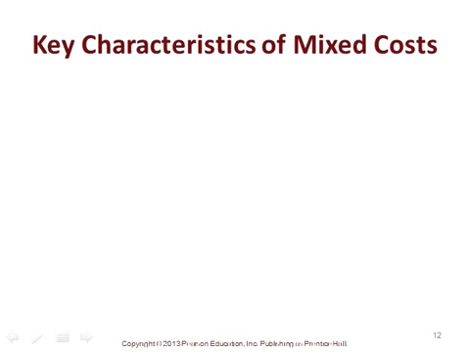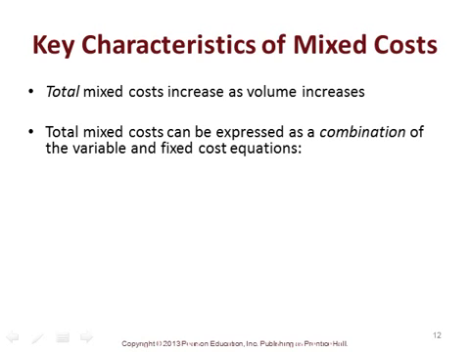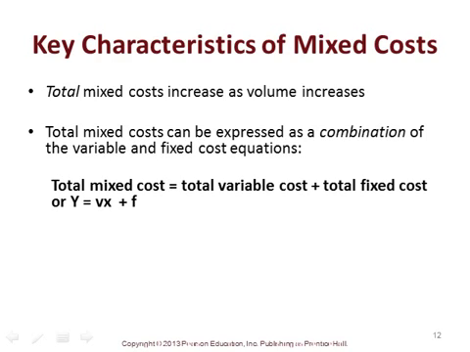And then we want to talk about this idea of mixed cost. So mixed cost, or total mixed costs, do increase as volume increases, but not in direct proportion, right? And so mixed costs have both variable and fixed components to them. And total mixed cost can be expressed as a combination of variable and fixed cost equations, and that looks like this.